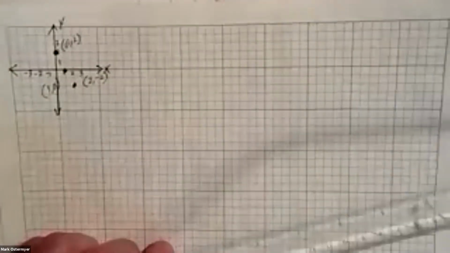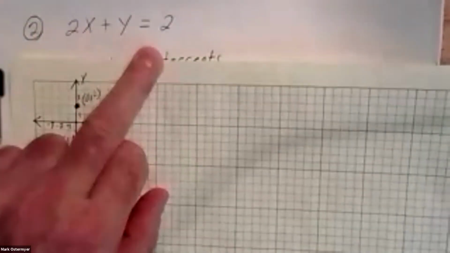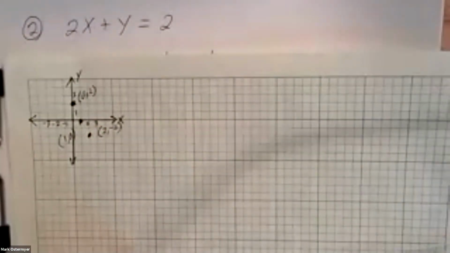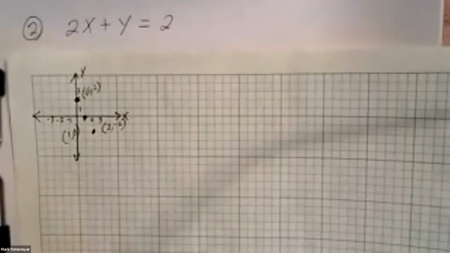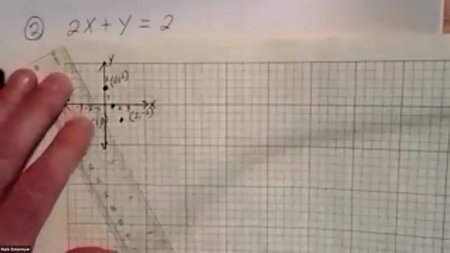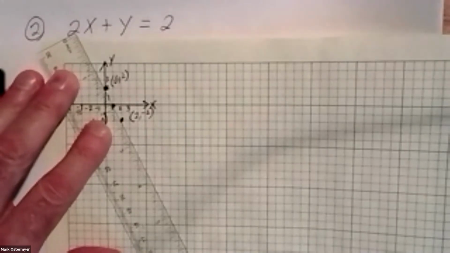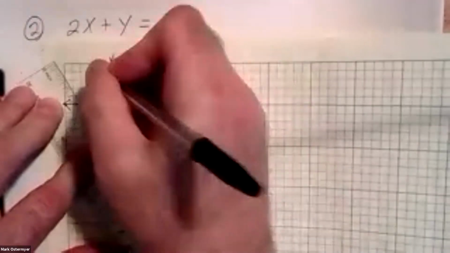Yes, it appears that they do, and there's no surprise there, because the graph of a linear equation must always be a line, and so its solutions always have to be points that lie on a line. Take a ruler, put a line through these points, and you have the graph of the equation 2x plus y equals 2.